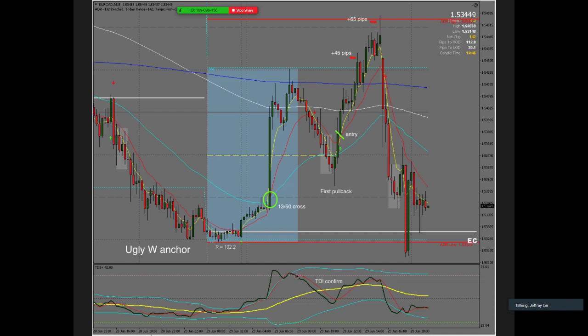So it can cross below the signal line. It can be above the market baseline, but I need to see some kind of movement downward if I'm taking a sell trade. If it's still pointing upward on the H1 and I'm taking a sell on the M15, then I'm not feeling as confident with that trade. It could give me a few pips down, but it could also bounce right up and continue upward.